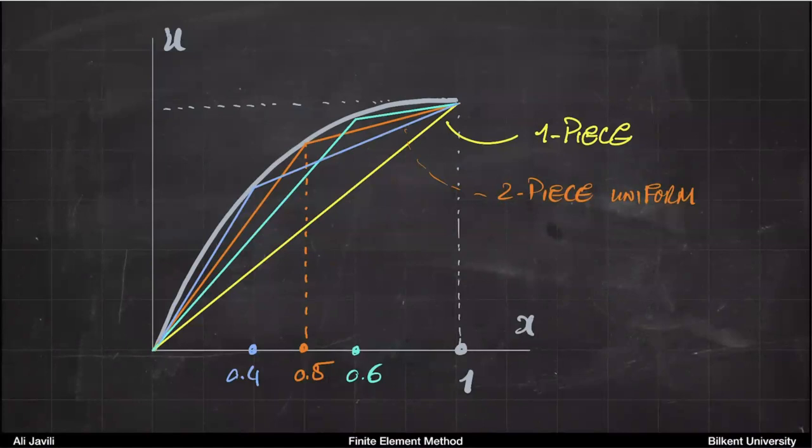Okay, so this is what we have so far, and we want to play with this a little more and do other approximations. This one was a two-piece, and we called it non-uniform one, I think.